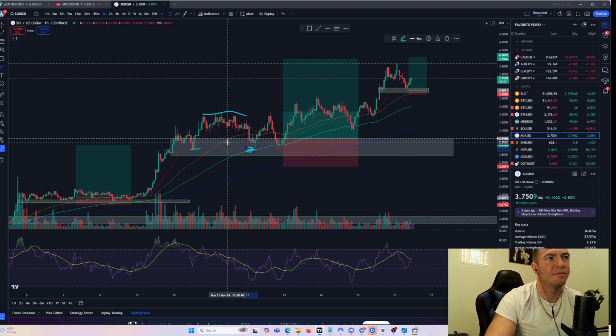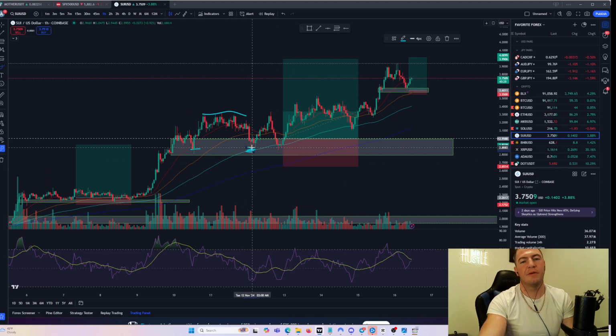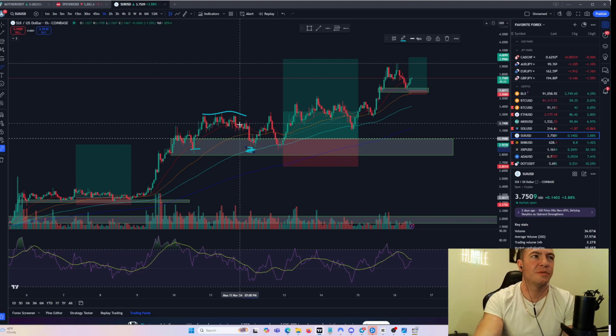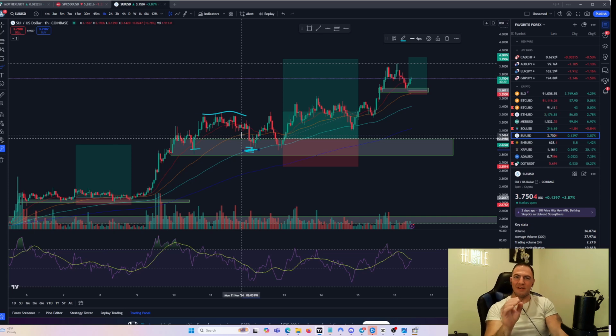And what happens is when the market comes down and hits the price you put in for the limit order, then you don't even have to be looking at your computer or your phone, anything. It will just enter that buy position at the price that you set.